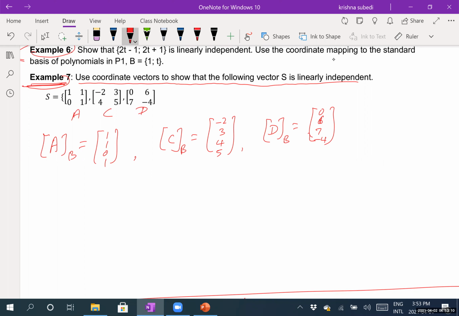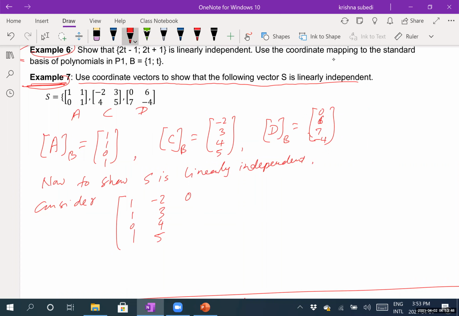Now, to show S is linearly independent, consider a matrix 1, 1, 0, 1, negative 2, 3, 4, 5, 0, 6, 7, negative 4, and then change it into echelon form.